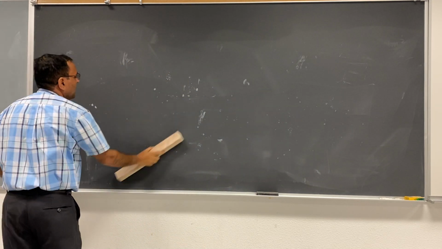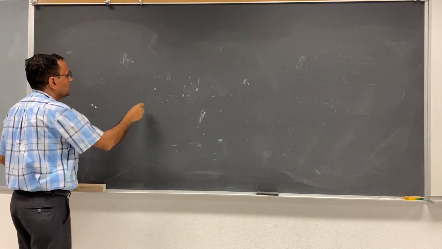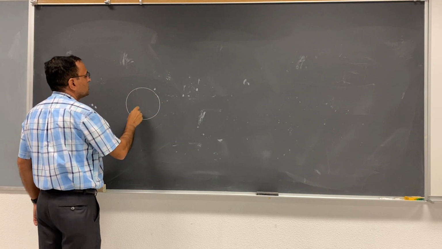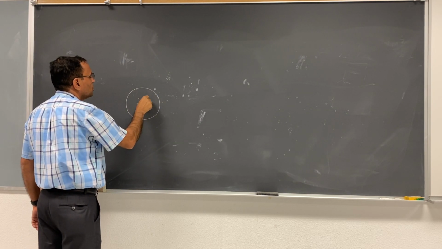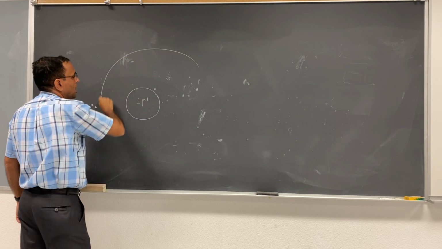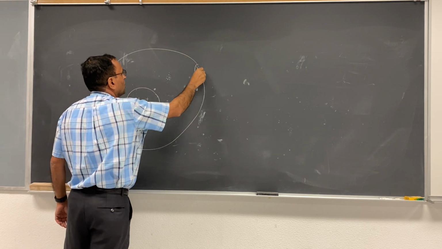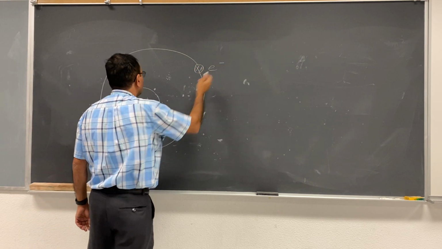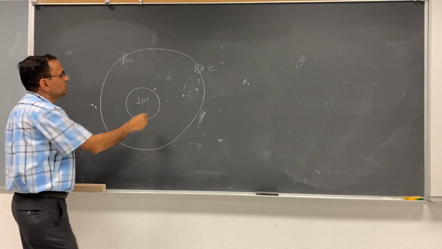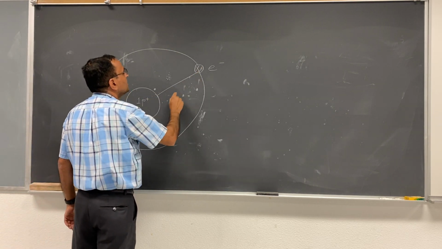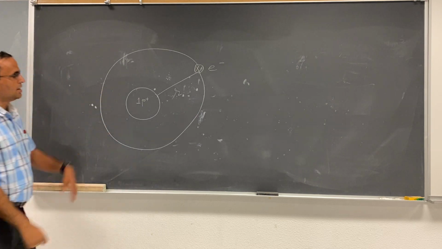Let us talk about the hydrogen atom. This is hydrogen atom. Here you have 1 proton and there you have 1 electron, and the distance between them is simply you can call radius of the hydrogen atom. This is hydrogen atom.